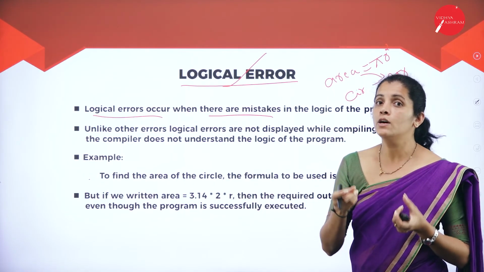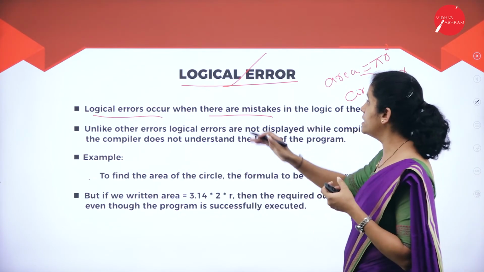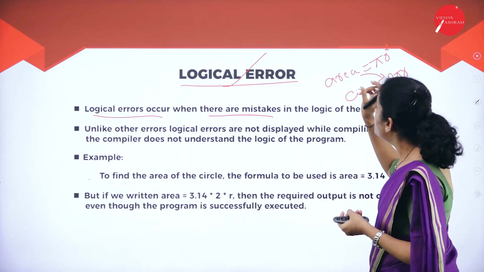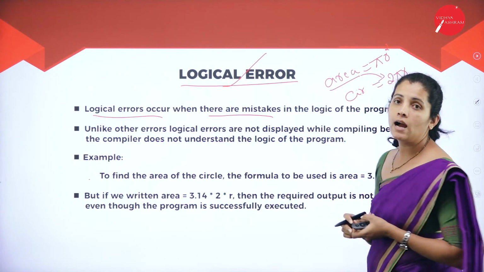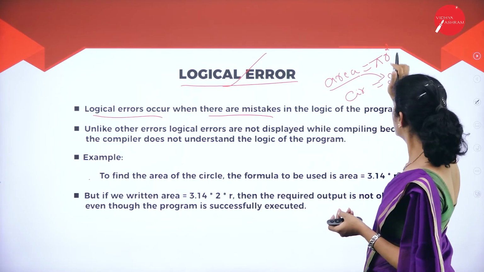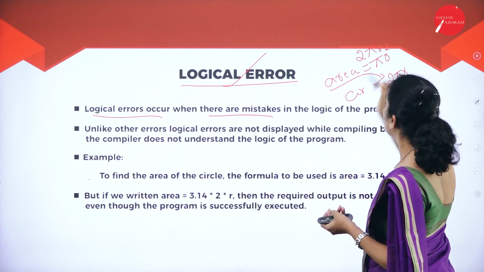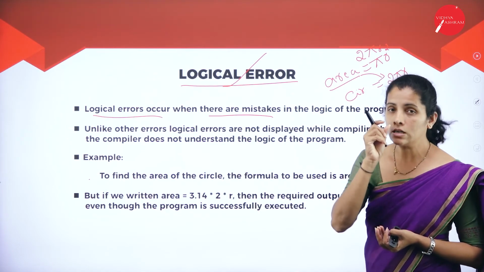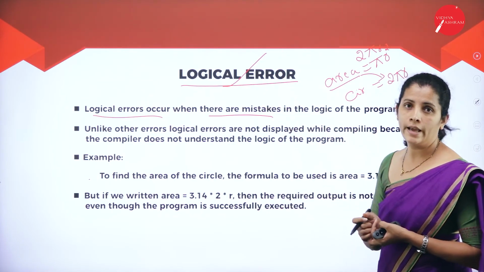I'm going to get wrong output. So that wrong output itself called logical error, because what formula I'm going to have here? To find the area, I'm going to have pi r square. Instead of pi r square, if I have written 2 pi r, what's going to happen? I'm going to get wrong result.